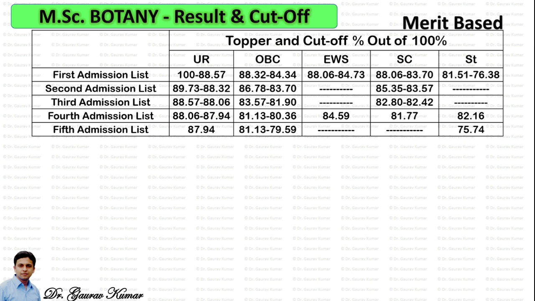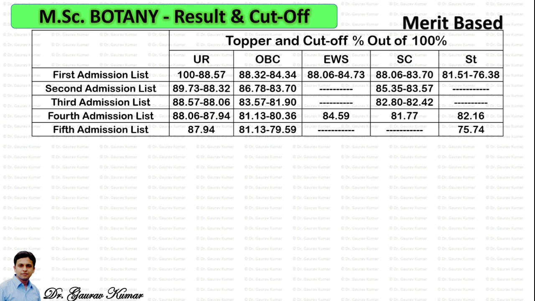In the second admission list, we actually have 5 admission lists, and in the unreserved category, the topper who was selected on the basis of merit had around 100% in BSc Botany, while the last candidate in unreserved had 87.94.